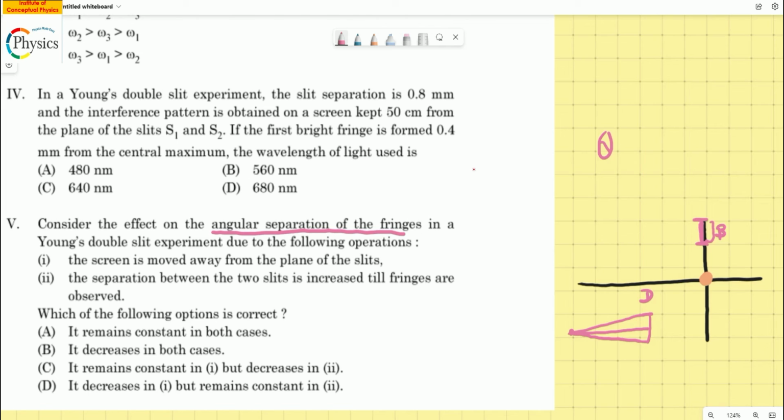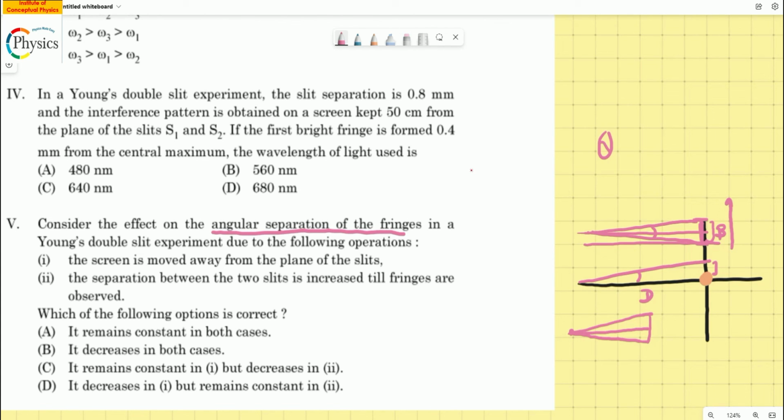All right, if I were to calculate the angle which it subtends, even though it is getting created somewhere here, we will see the midpoint here, right? This is the midpoint. So therefore the angle it subtends is this. Okay, had this been a single fringe width, the angle it will subtend here is the angular separation.